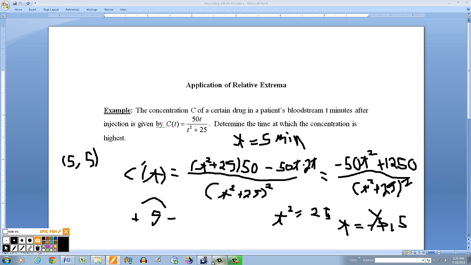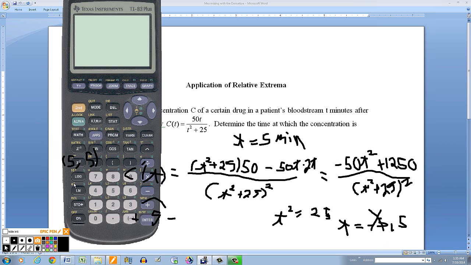Now if we look at the actual graph, okay, so let me enter the function 50 divided by x squared plus 25.